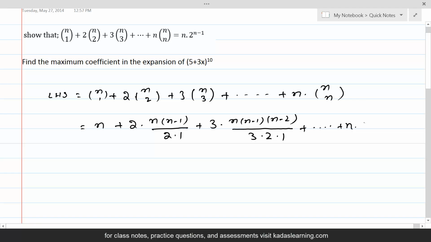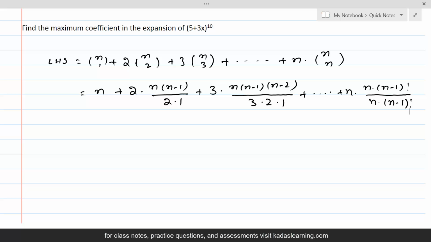In fact, n factorial can be written as n times n minus 1 factorial, and divided by n factorial can also be written in the form n times n minus 1 factorial. And now we'll take n common.